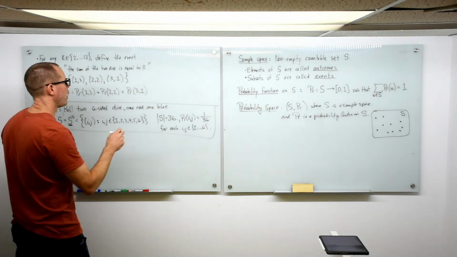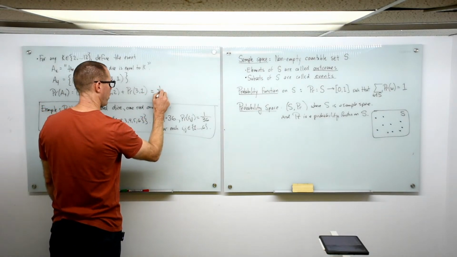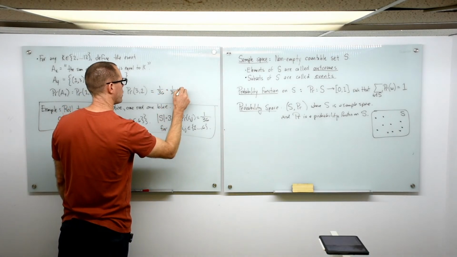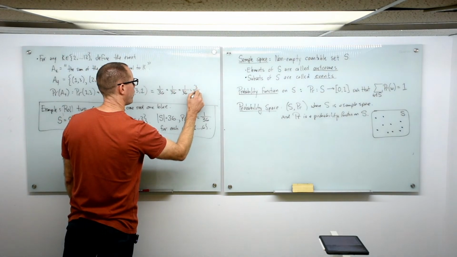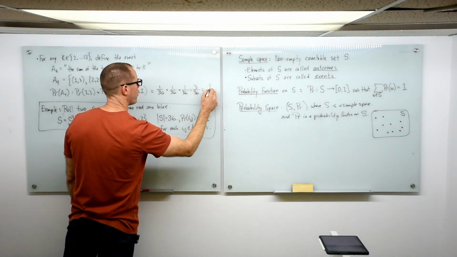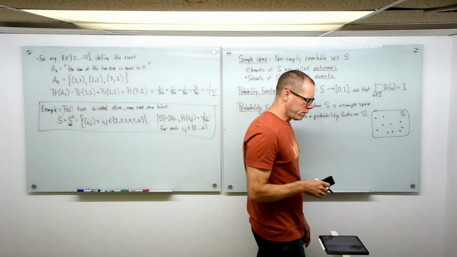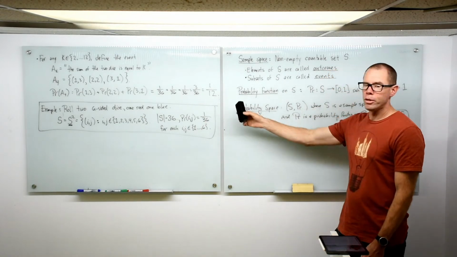And that is 1 over 36 plus 1 over 36 plus 1 over 36, which is 3 over 36, which is 1 out of 12. So my chances of rolling a 4 are not particularly high.